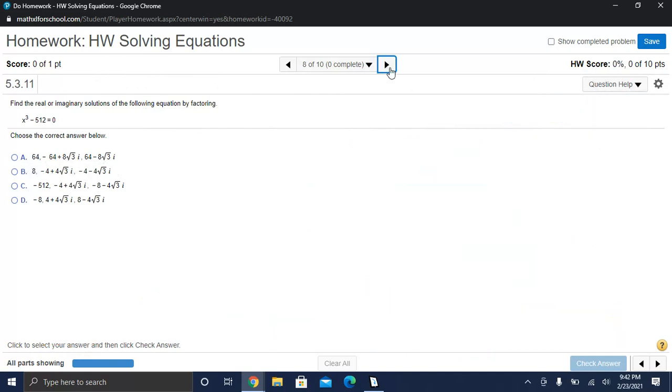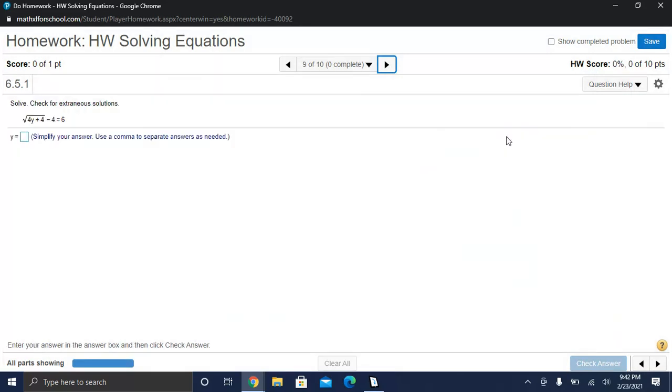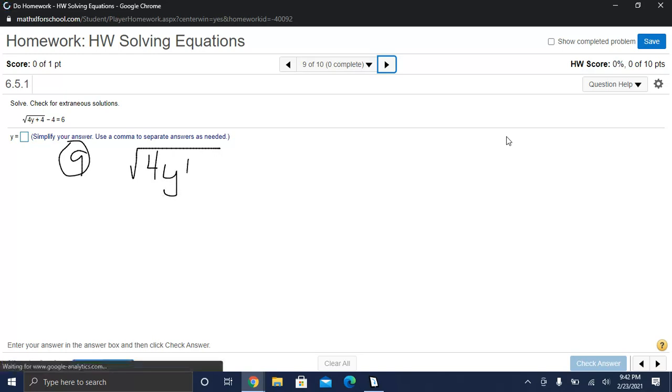Okay, we have 2 to go. Number 9, this is to review solving your radical equations. So number 9 is the square root of 4y plus 4, and then minus 4 equaling 6.